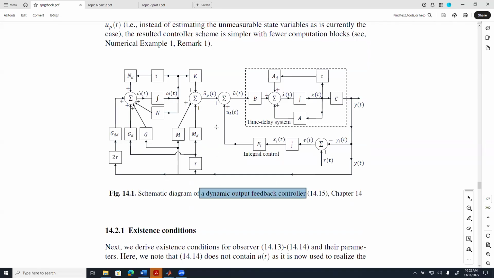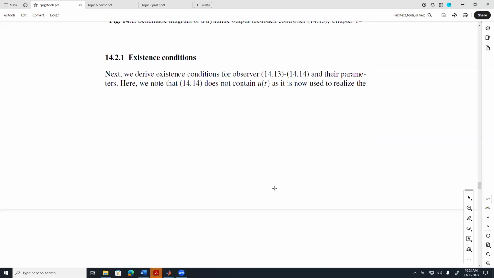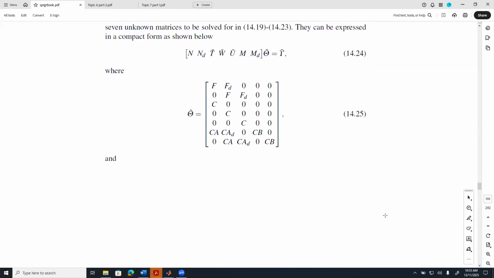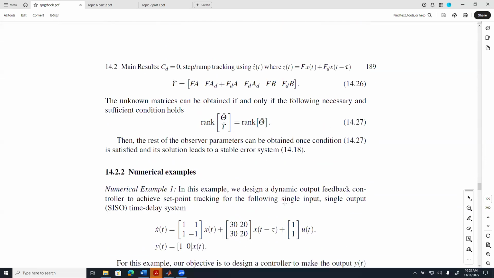But essentially, it is the application of generalized functional observers to realize a generalized functional of a time delay system. Okay, and have a look at the scheme. It's basically feeding in only the output measurement vector. So we have all the existence conditions, and we have a systematic way for realizing all of those parameters.